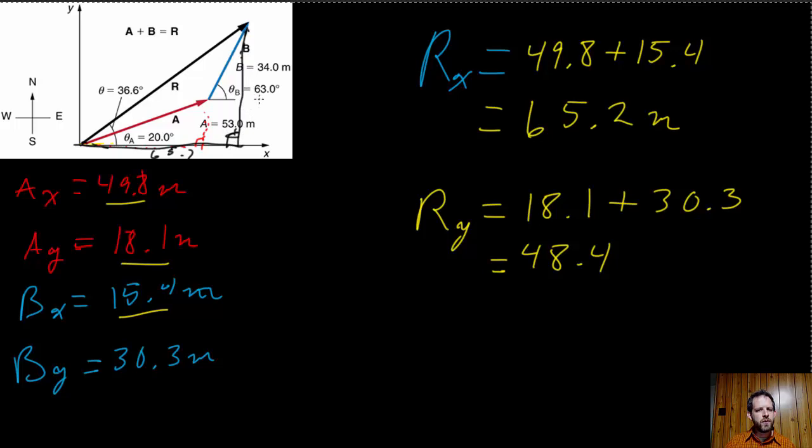This one is 48 and 4/10. All right, so that's what we just figured out, which is great and useful and handy. However, the problem is that those numbers are not in proper vector form. So I'm going to stick these over here, and then I'll show you how to do those.